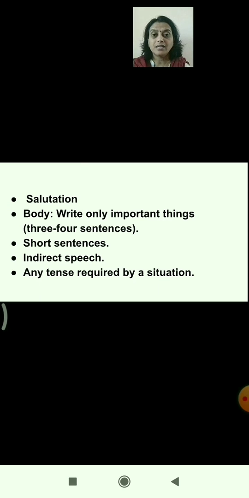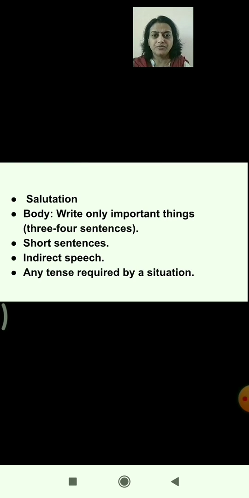That is the content, what you are going to include in the body. Whatever important things your receiver should know, that only you are going to write. So you will write only important things which are required. And the body should not be more than 3 to 4 sentences.